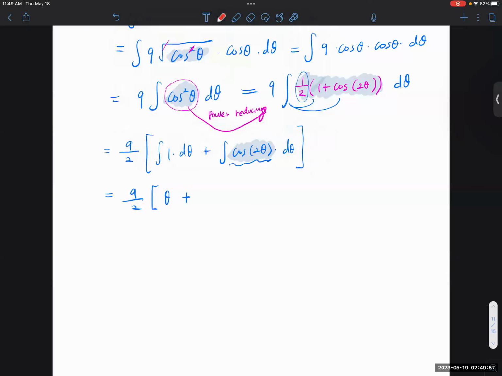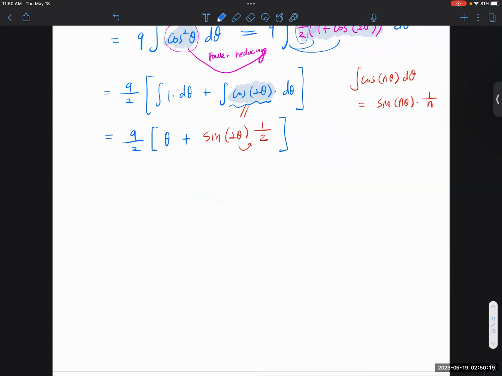I'm going to write one more time. Integral of cosine n theta d theta. You know that it's going to be sine n theta times 1 over n, correct? So it's going to be positive sine 2 theta, and then chain rule 1 over 2. Got you now. So that's what happened. Okay. So now I'm going to simplify. We have a sine 2 theta. So this is exactly where we are going to use the double angle identity.